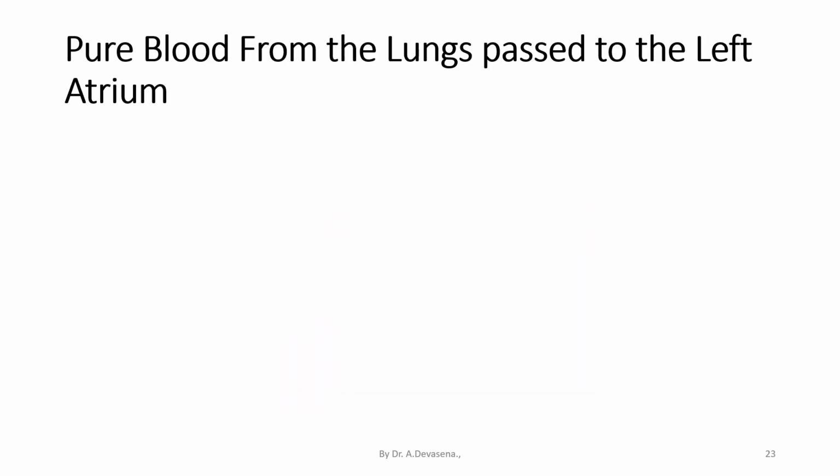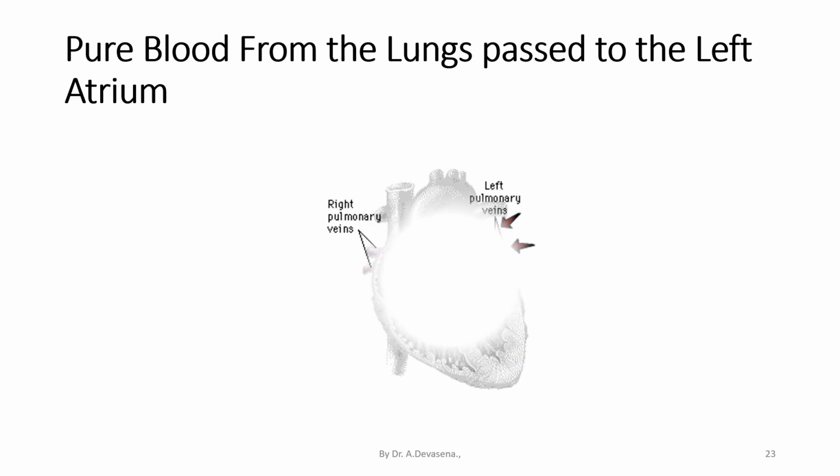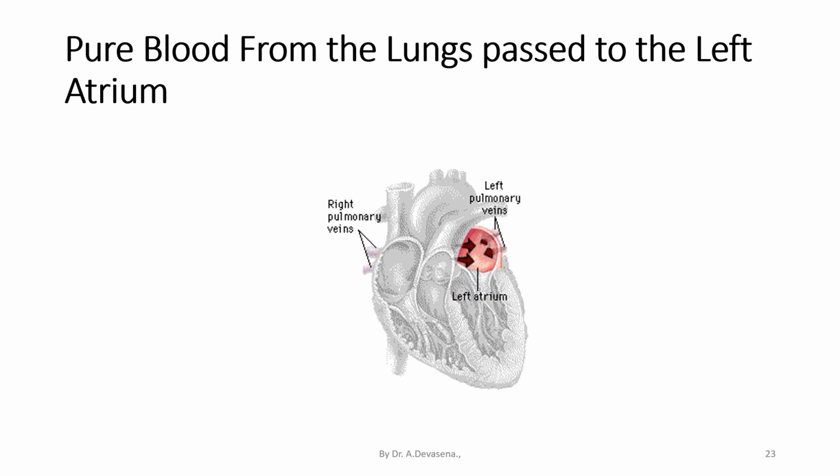Let us see how the pure blood from the lungs is passed to the left atrium. The pure blood from the lungs is carried by the pulmonary veins, and the pulmonary veins pour the pure blood into the left atrium of the heart. This is indicated here.